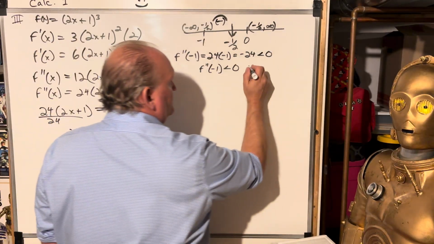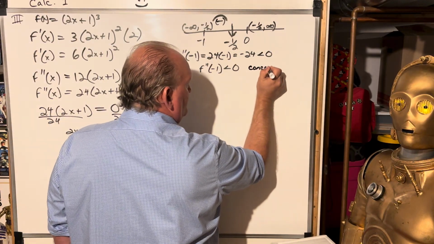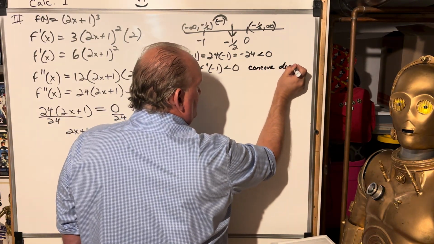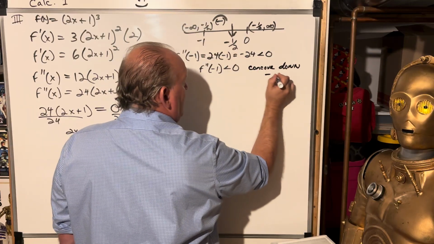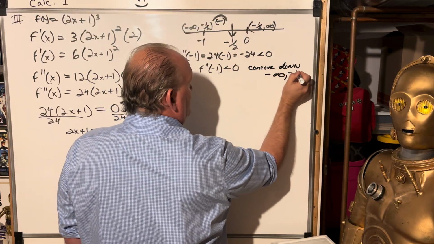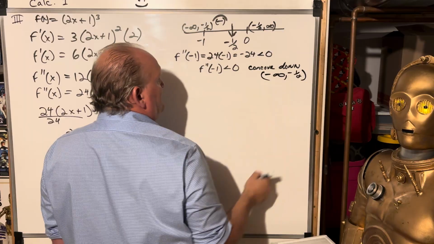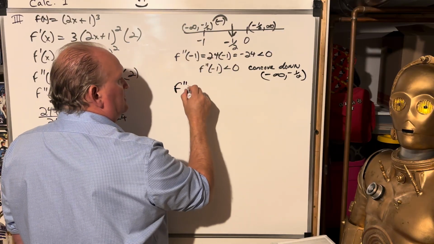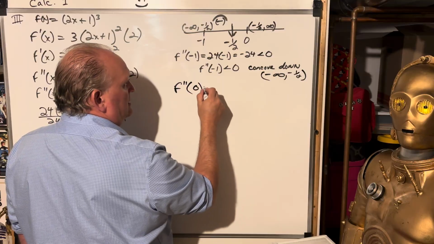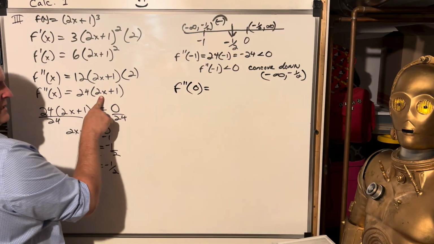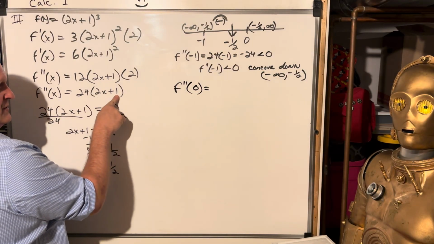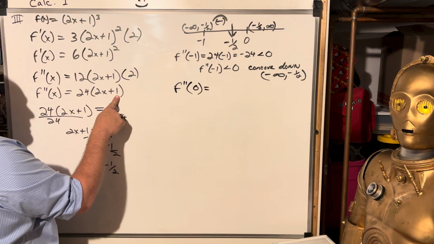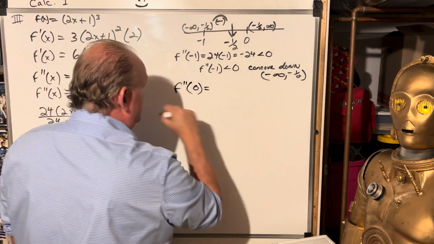All right. So the entire interval from -infinity to -1/2 is concave down based on that test point. Let's do f double prime of 0. So again, you go back here, 0 times 2 is 0, plus 1 is 1. And so 1 times 24 is just 24.